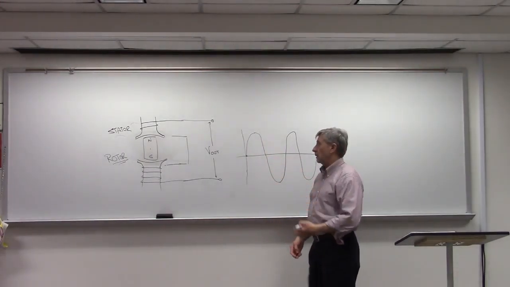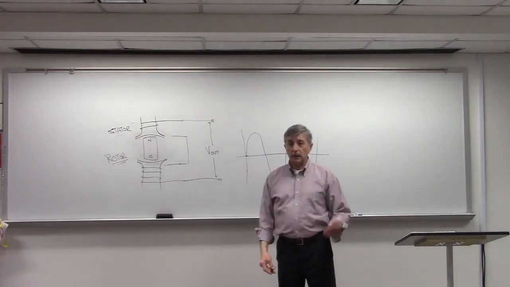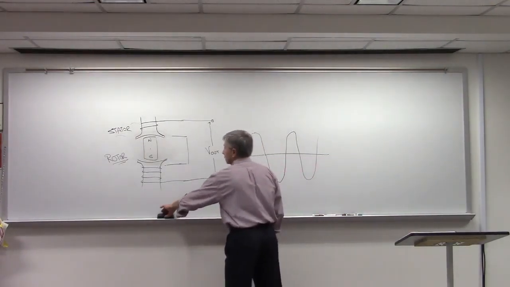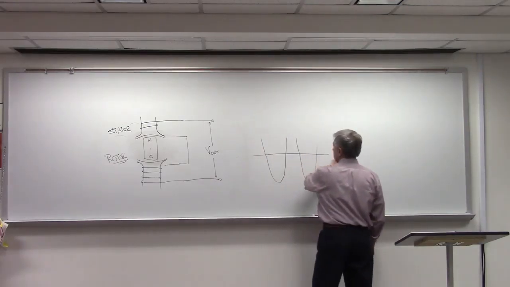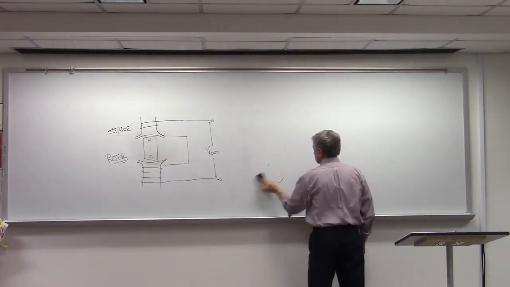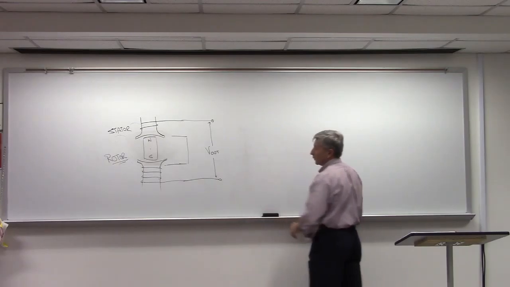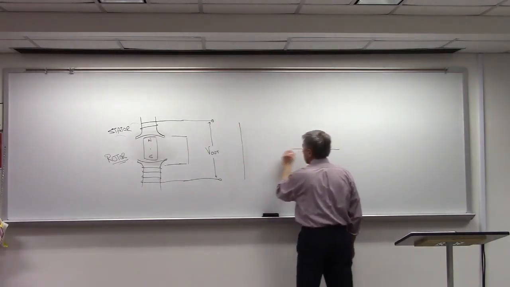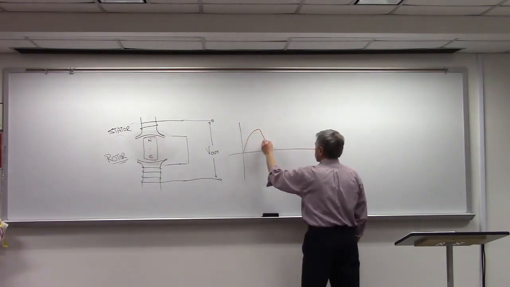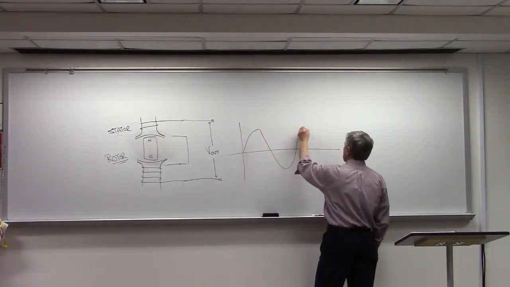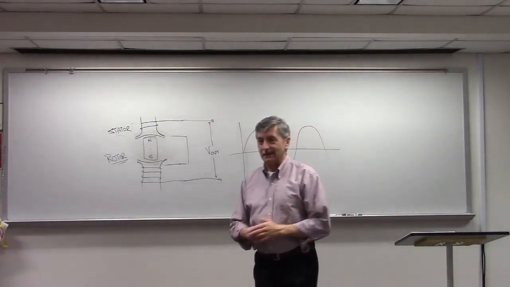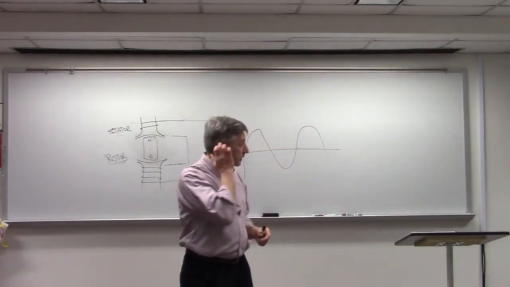It actually looks more and more like a sine wave. And in fact, with technology the way it is, generators produce almost perfect sine waves. So you have something like this. I don't know if that's any better than the other, but that's the idea, okay?